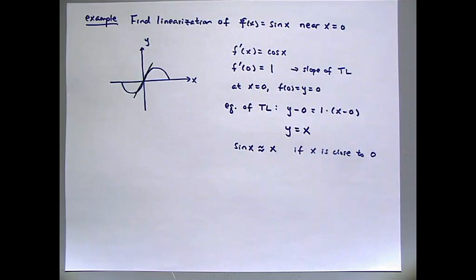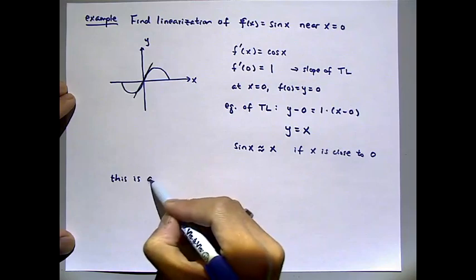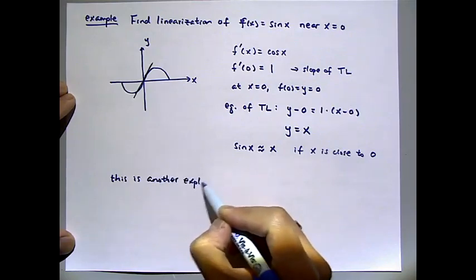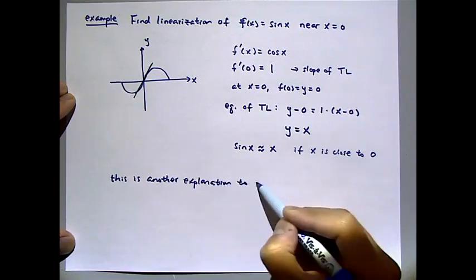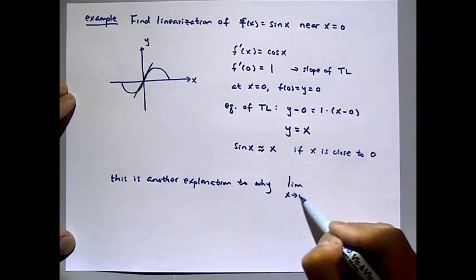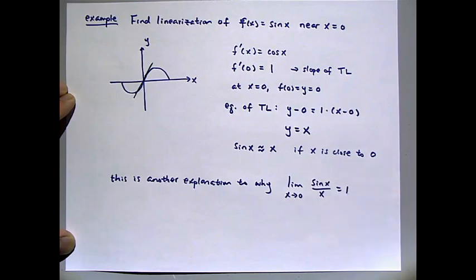Right? And this explains, this is another explanation to why the limit as x goes to 0 of sine of x over x is equal to 1. Okay?